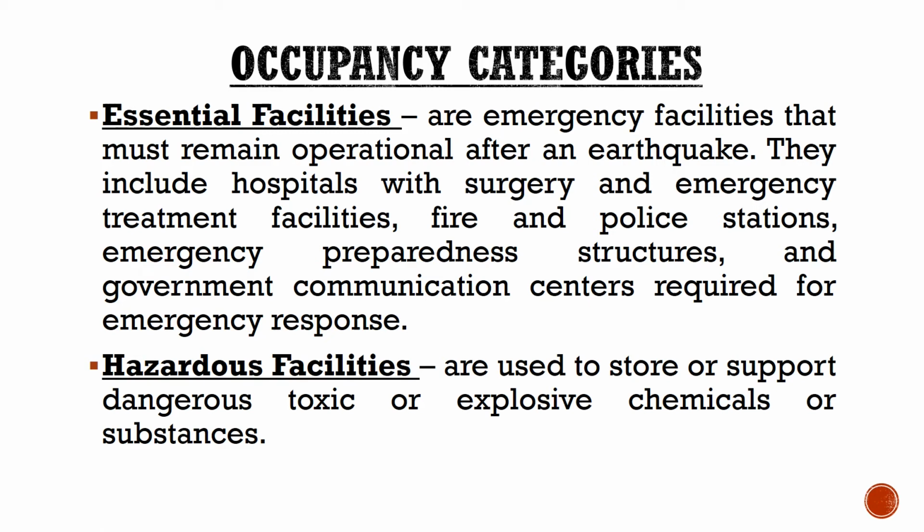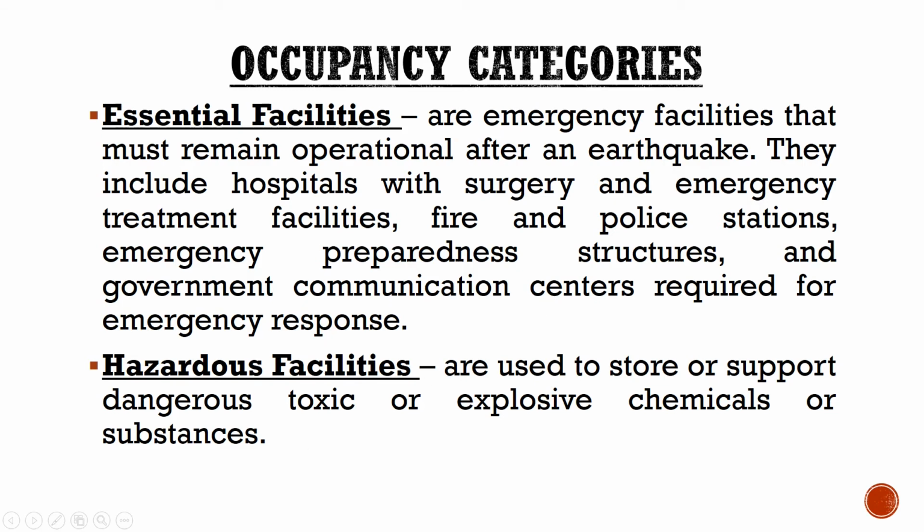They include hospitals with surgery and emergency treatment facilities, fire and police stations, emergency preparedness structures, and government communication centers required for emergency response. After the earthquake, once evaluated as safe, they should still be operational and usable.